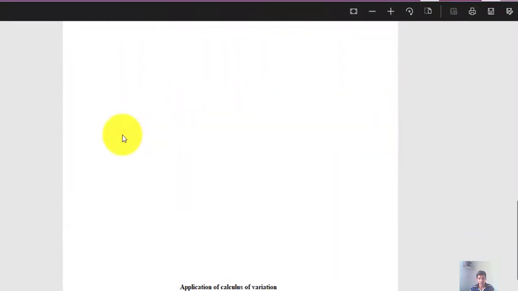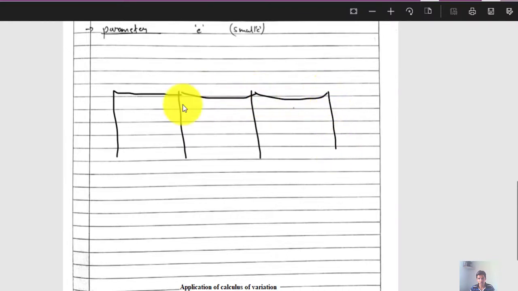Now the best example is the street lights, or the electric poles. This is one electric pole, this is second electric pole, and this is third electric pole. So if you see the wire like this, then again it is connected like this. So this is between some points A, B, C, D, right?